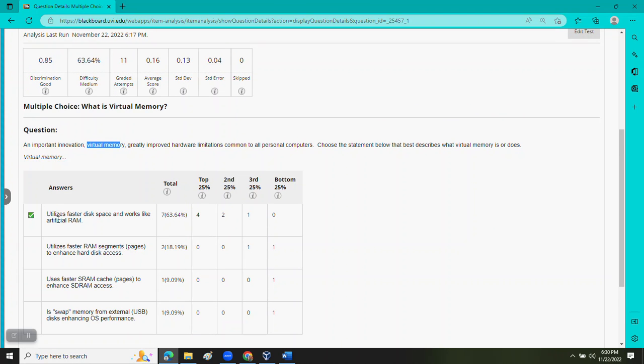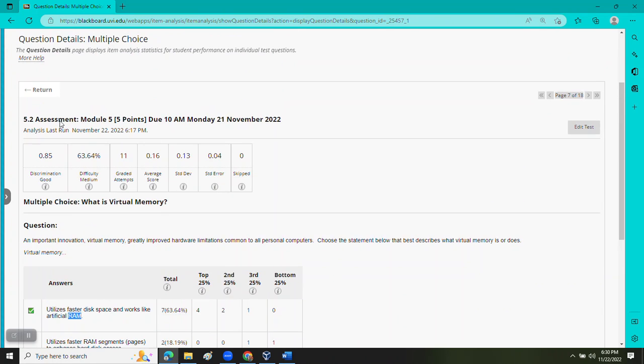In any case, just remember that faster disk space is reserved so that temporary RAM data can be stored on the faster disk space. That's what virtual memory is. It is artificial RAM. It's simulated RAM by using the fastest disk sectors.